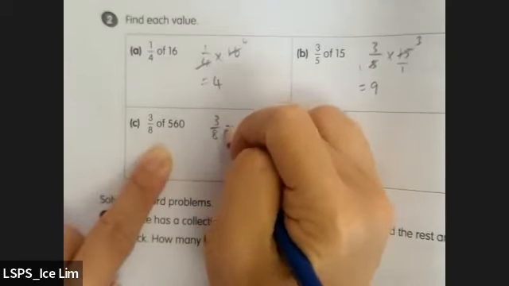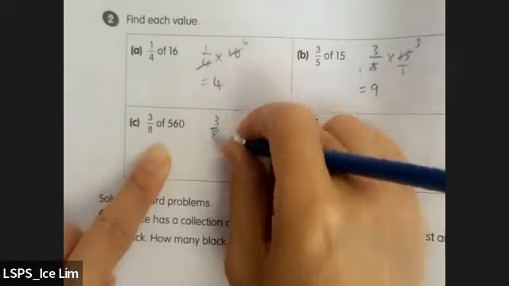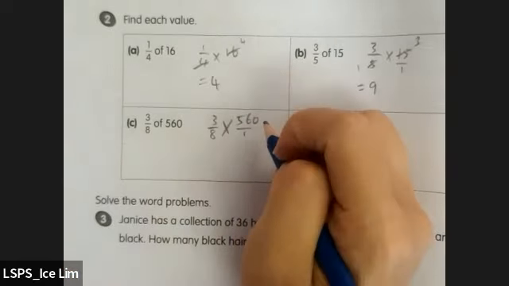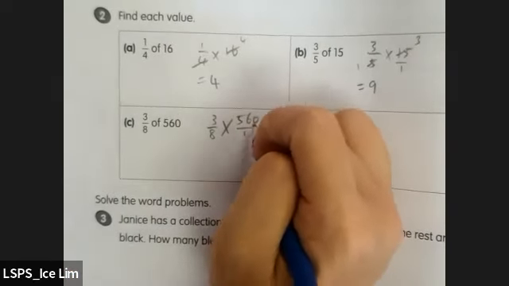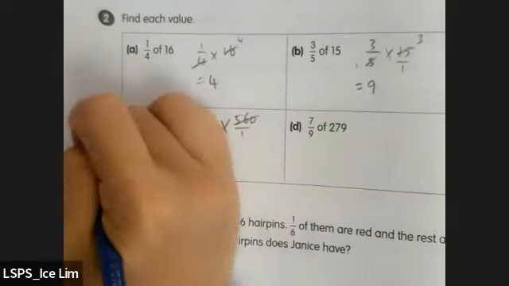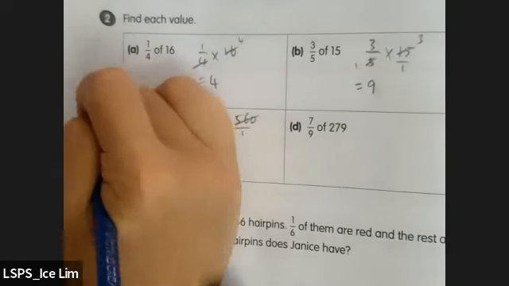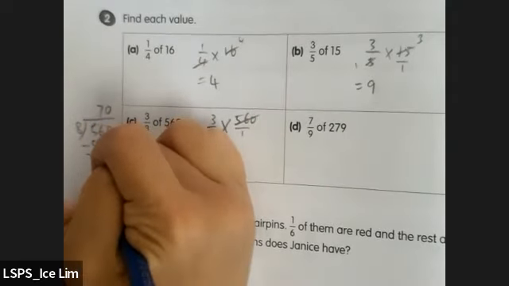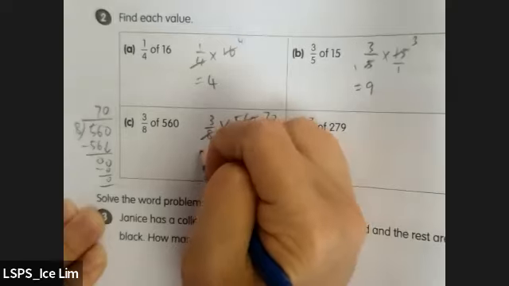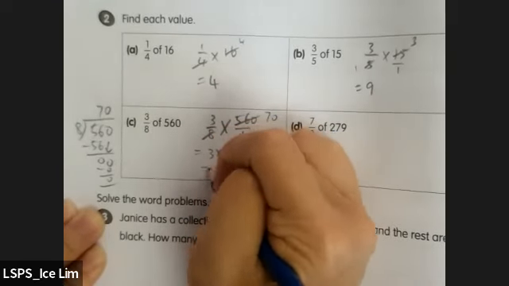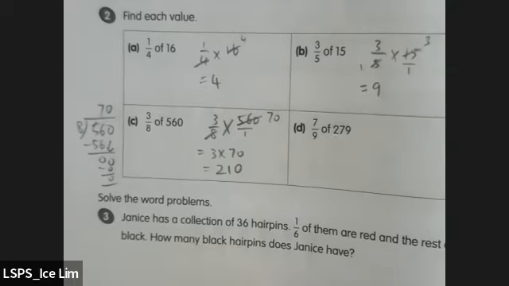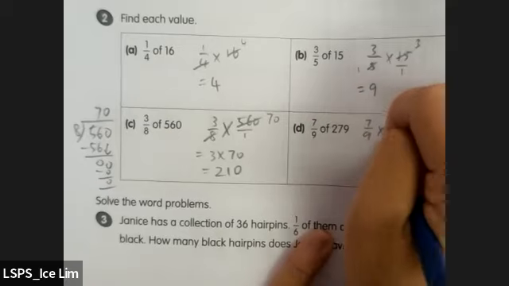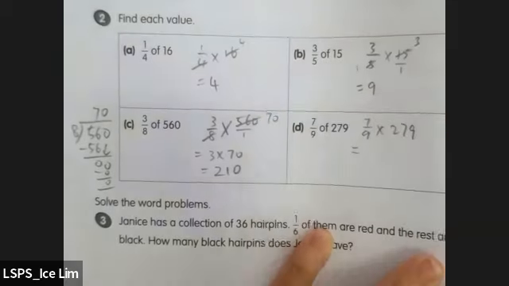Yeah, possible. So I times 560. I can do cancel first. So 560 divided by 8 is 70. So 70 times 3, 210. And then 7, 9 times 2, 279.